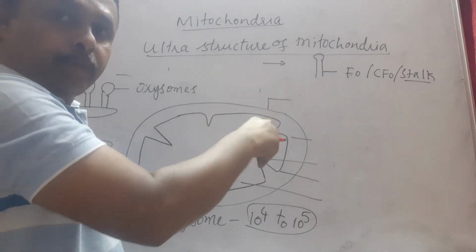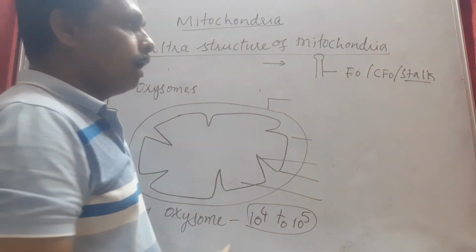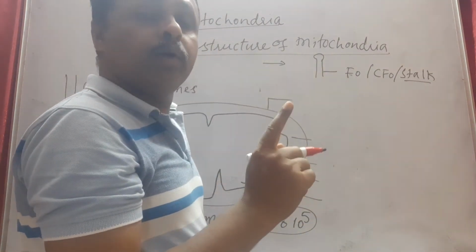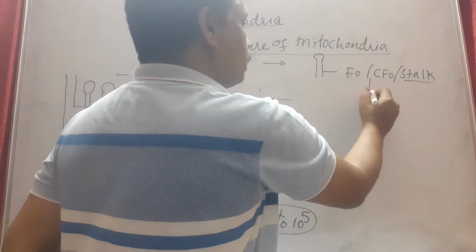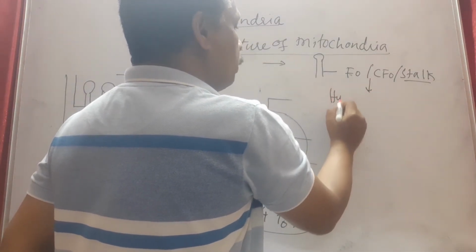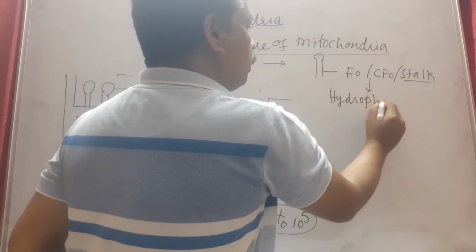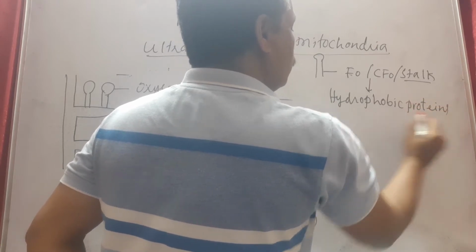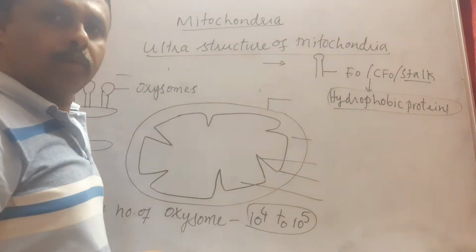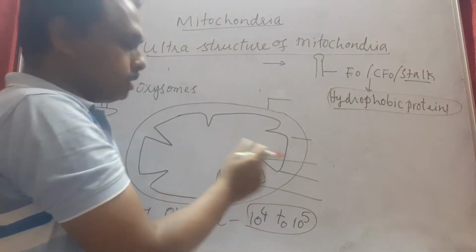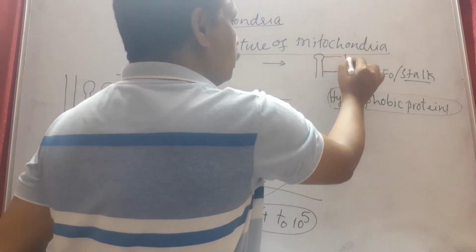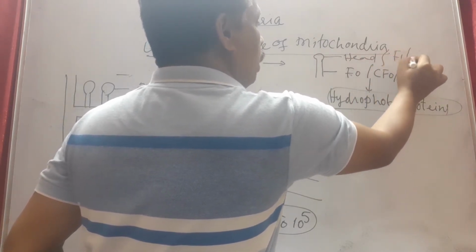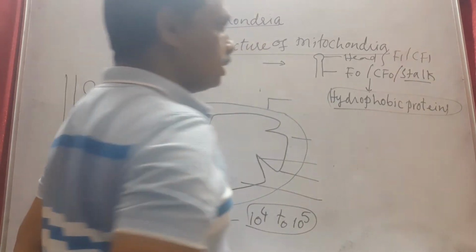Embedded means it is present inside the inner membrane, and this stalk contains hydrophobic proteins. And then the head projected part is called the head region, or otherwise called F1 or CF1 particles.